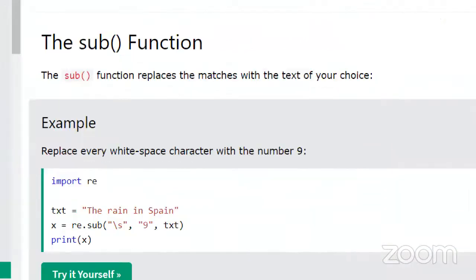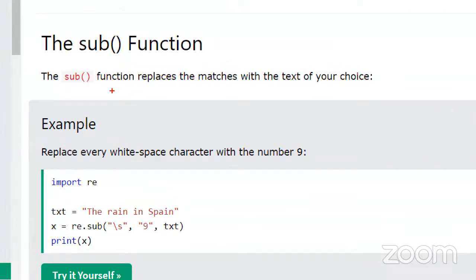Then there is one more important function. What is the name? Sub. The sub function replaces the matches with the text of your choice. That means whatever character or string is matched, you replace it with another string which is specified by you. Correct?